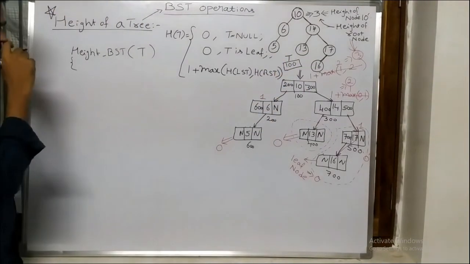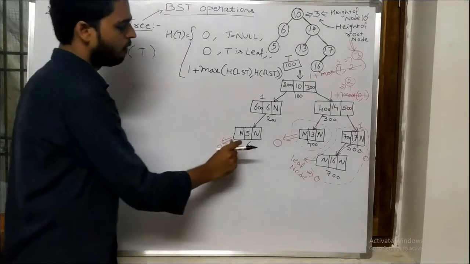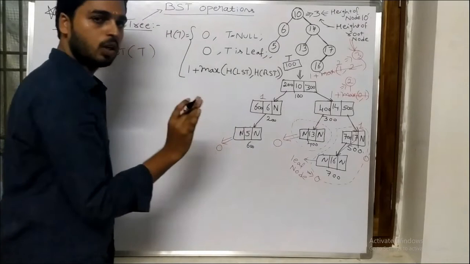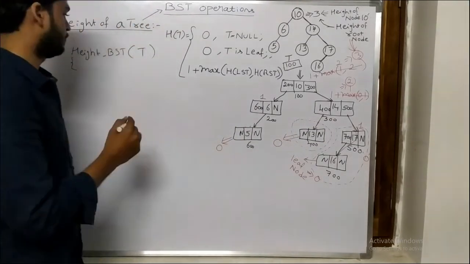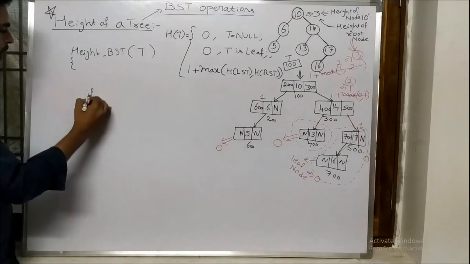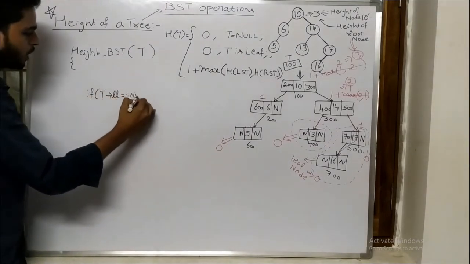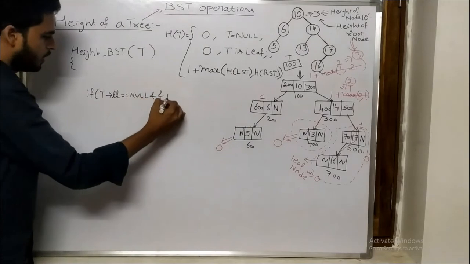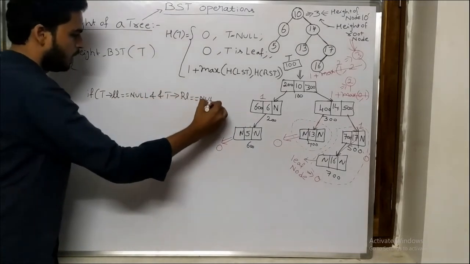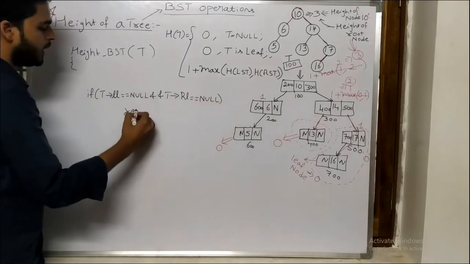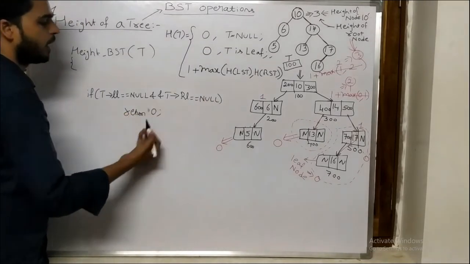Right? So first I need to check whether the node is a leaf node or not. If the node is a leaf node, what do I need to return? I need to return only 0. So I will check if T arrow left link equal to null and T arrow right link equal to null, then it is a leaf node, and I can simply return the value 0.